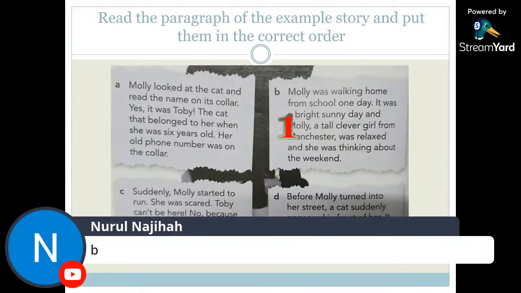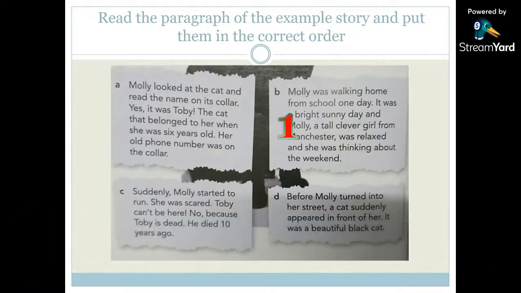Alright. Now, can you tell me which one of this paragraph is the second one? Okay, B is one. What about number 2? Which one should go after B? Orang rasa mana satu? Mana perenggan A, C ataupun D should go after B? Which one is number 2?